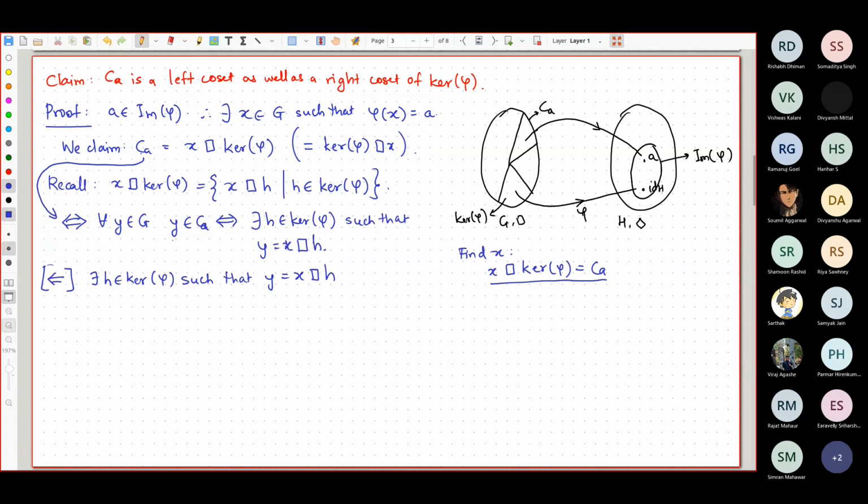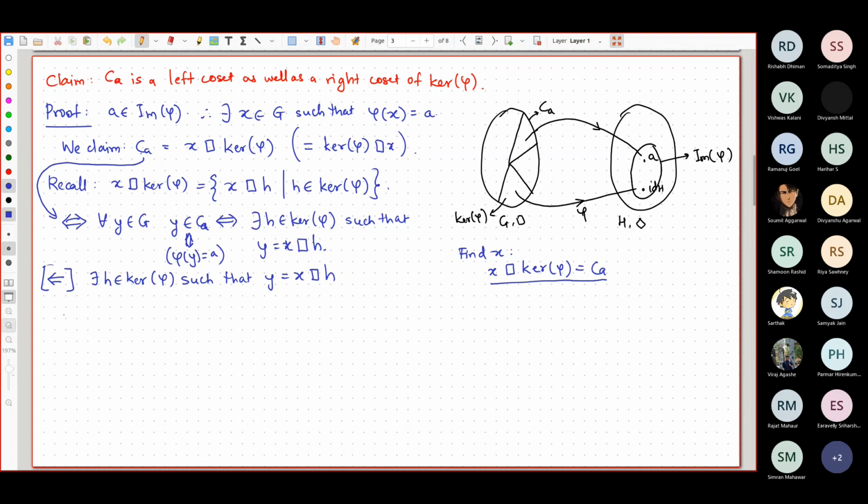We want to prove that phi of y is equal to A, which by definition of CA is the same as saying y is in CA.